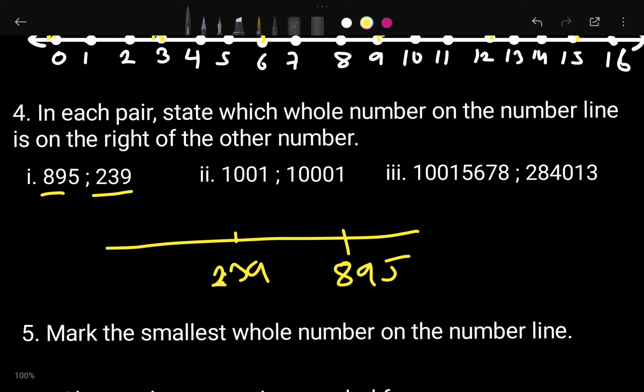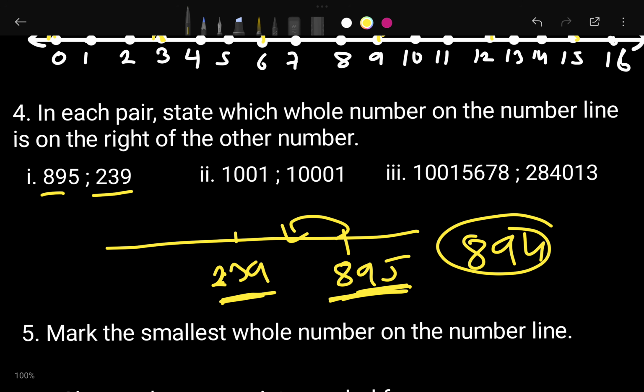So this is asking which number on the number line is on the right of the other number. What is the right of this? This is 895. So what is the left of 895? There is another number that is going to be 894, which is also on the left side of the number line. So we have to write that 895 is on the right of 239.